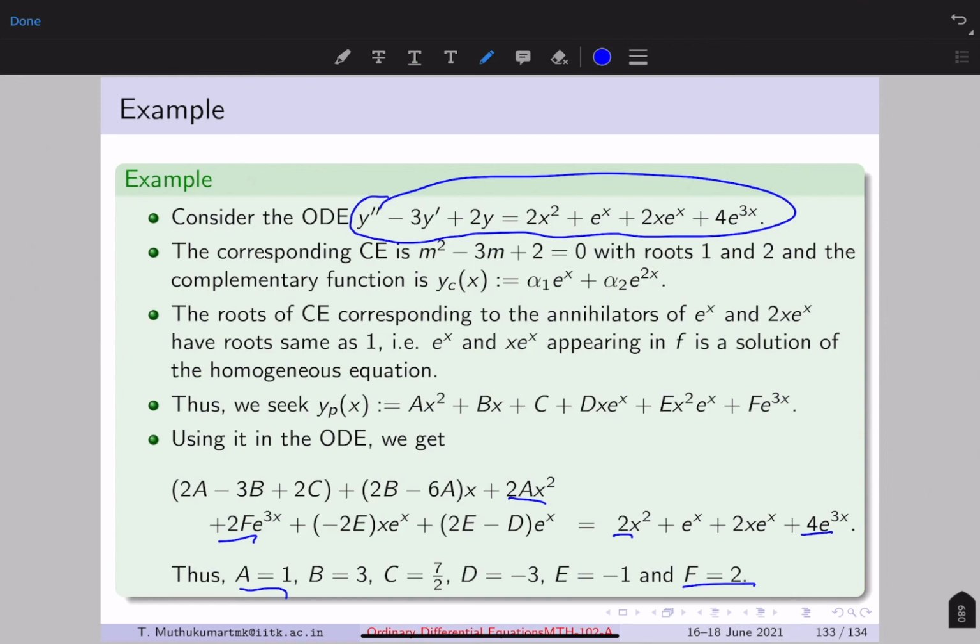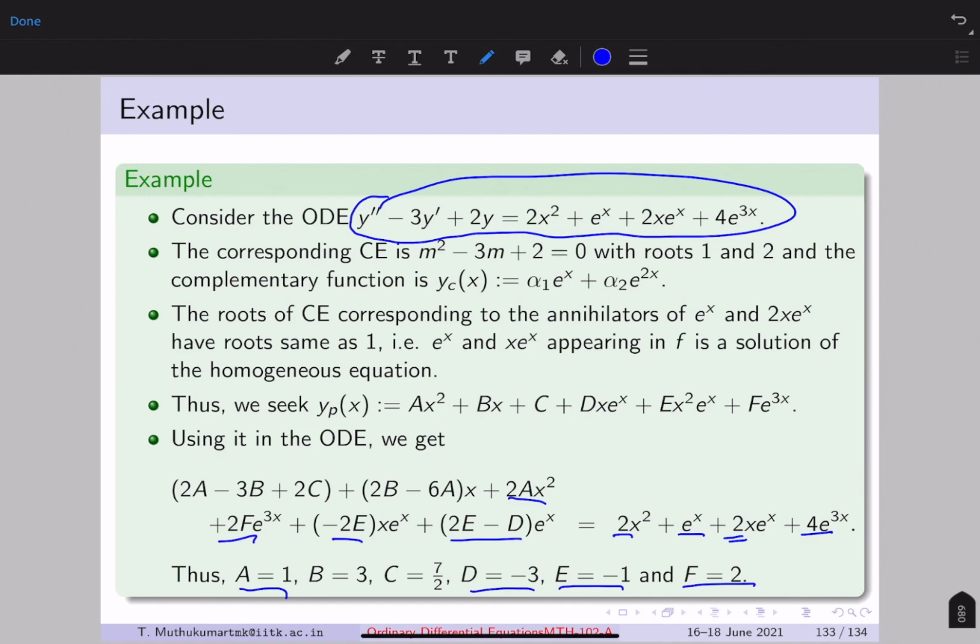And here minus 2e will give you 2, which gives you e is minus 1. And if you use the e is minus 1 information and match this 2, you get d is minus 3, right?